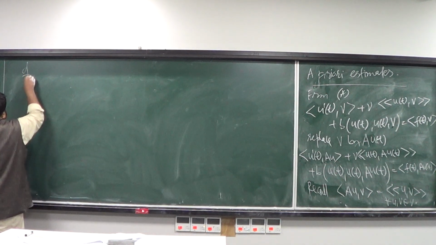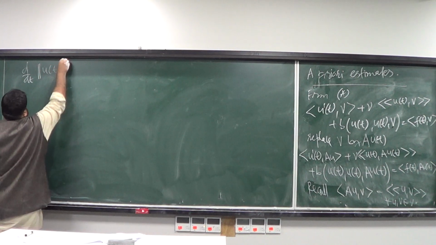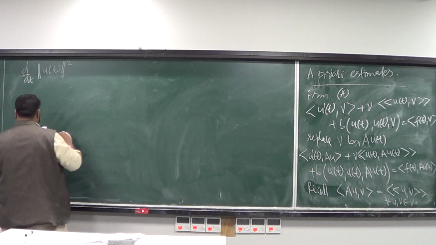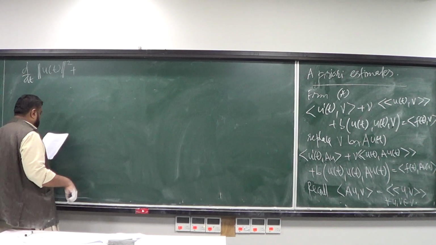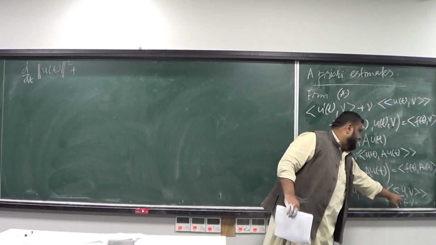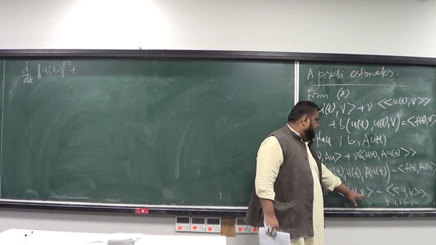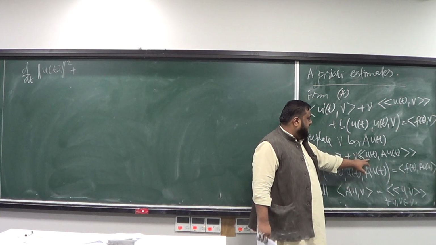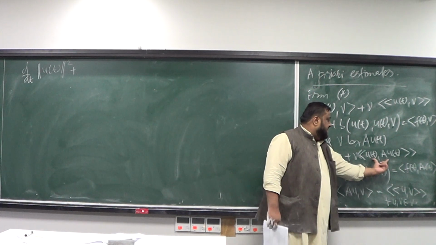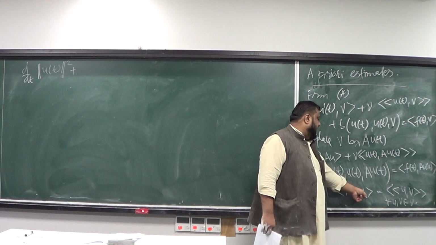So let's get d by dt of the V norm of u(t) squared, plus, what would be the next thing? This is by this definition. If I have a(u,v) here, so if I apply this definition here, this will become the inner product (Au, Au) in the H sense.